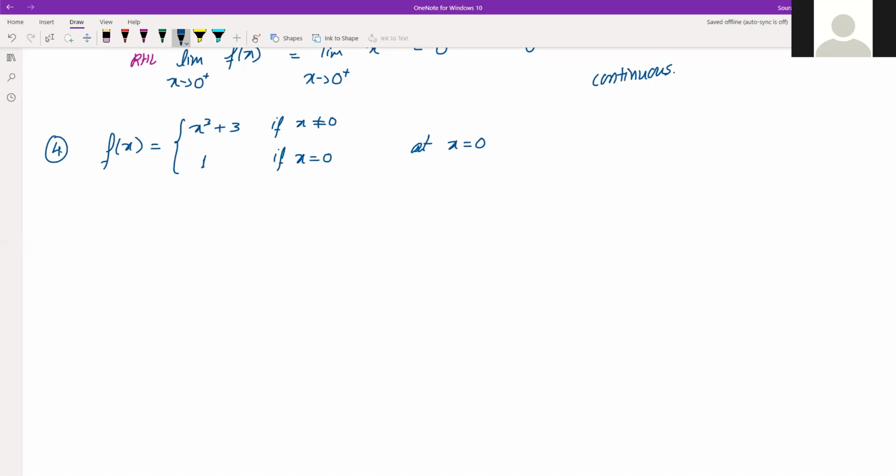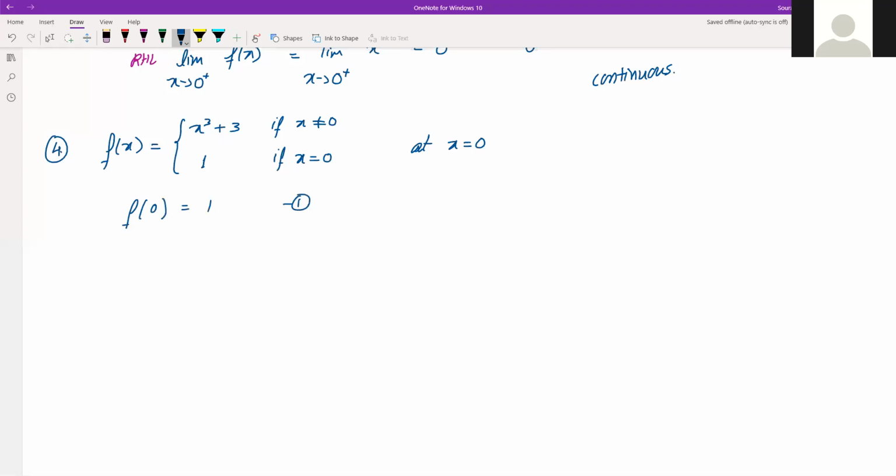Now in this case, you have x cube plus 3 and 1, two different functions. If x is not 0, it will be x cube plus 3, whether you are approaching 0 from the left side or from its right side. So one thing is clear: f of 0 is equal to 1.